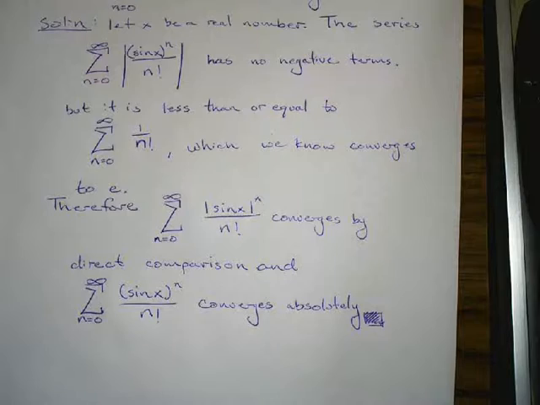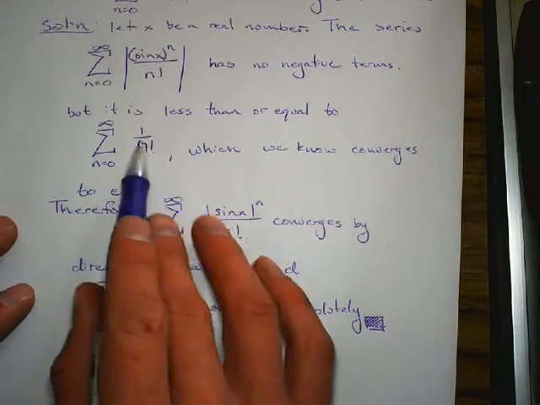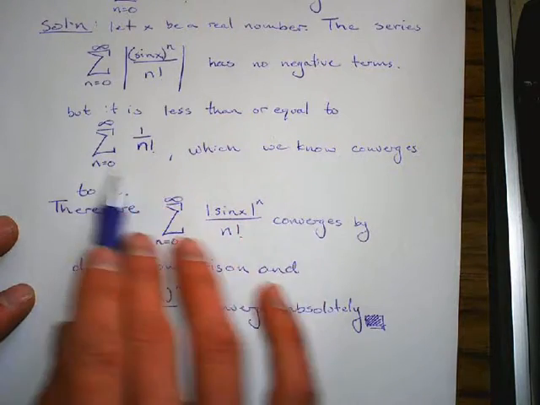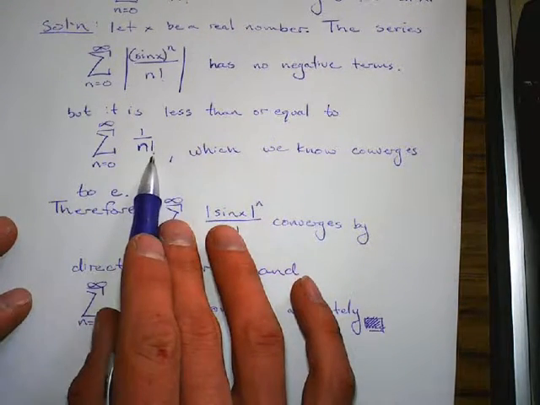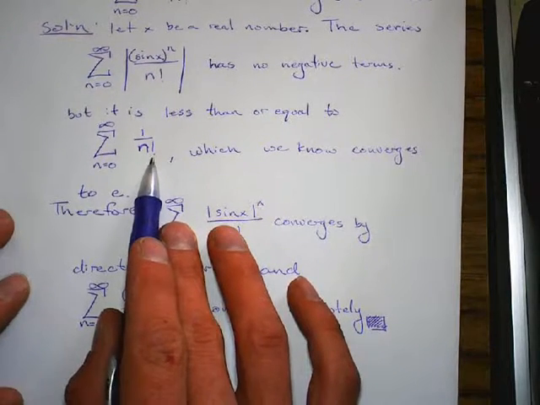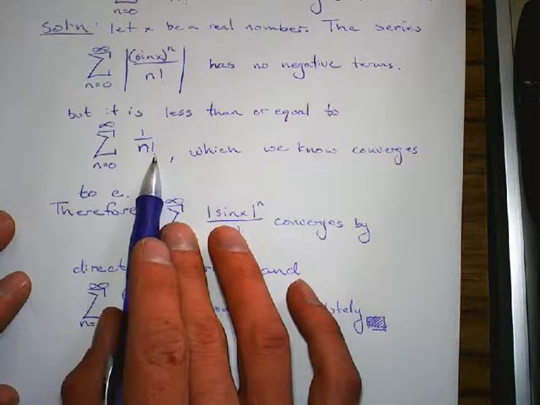To get there, you would have had to know that 1 over n factorial is the trick. This step was the trick, recognizing that this is convergent. That will be the trickiest part of this proof. Besides that, you pretty much follow the script that I just said.